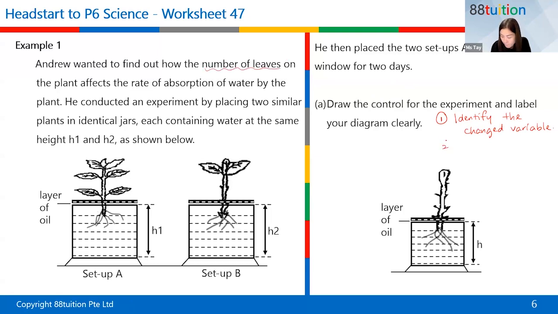Next, draw the setup without the change variable. That's why I've drawn this setup here without the leaves, because the number of leaves is actually the control setup. So I just remove it. Are you okay with this? The rest must remain the same.